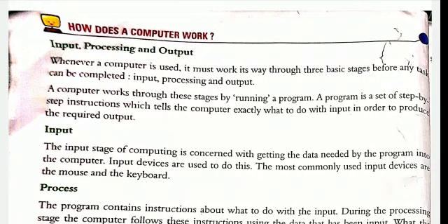Input is a set of instructions which tells the processor what to do and produce output. These are the three basic steps used to run a program or an instruction in a computer.